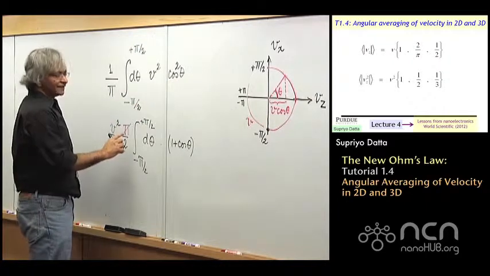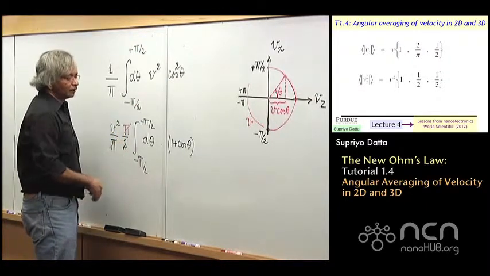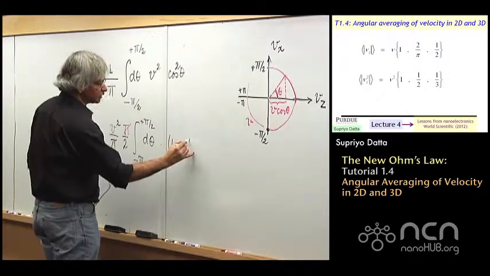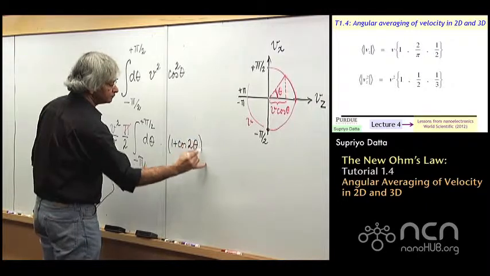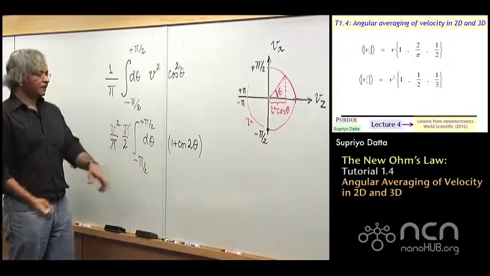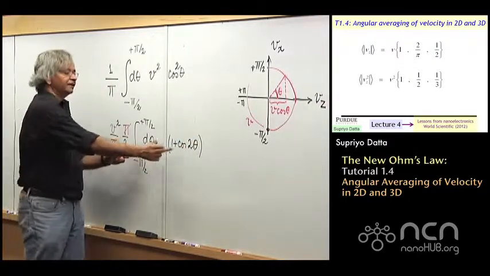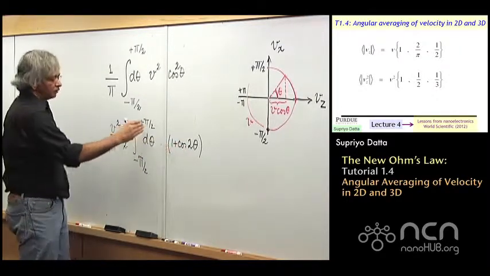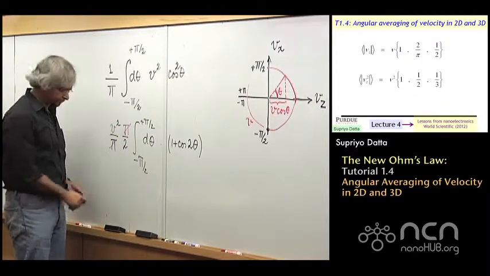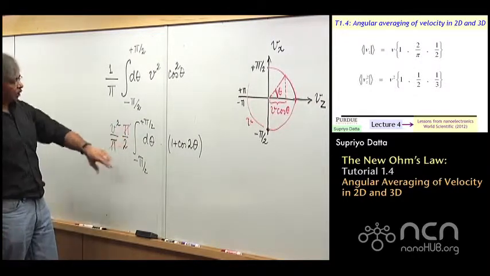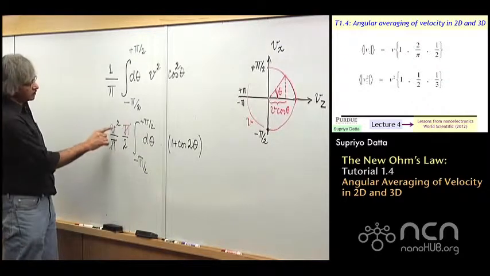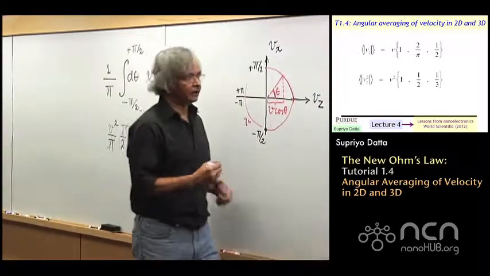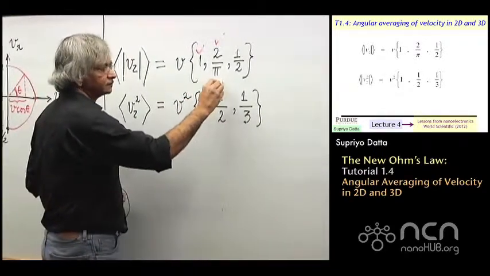Cosine squared theta is half of 1 plus cosine 2 theta, not cosine theta. Okay? And so actually when you do the integral, the cosine 2 theta over these limits should give you 0, and the 1 will give you pi. That's what I'd written down here. Anyway, so now you see the average value is V squared divided by 2. And that's exactly what we had here for the second result.